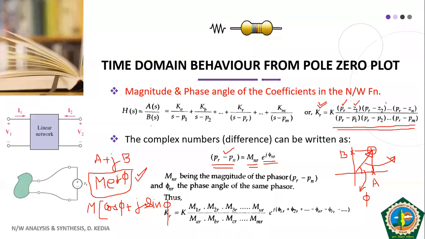So if you solve it, you will again get this a plus jb. This phasor representation of complex number, you already have studied in your junior classes. Just for the sake of reinforcement of the concept, I have repeated it here.